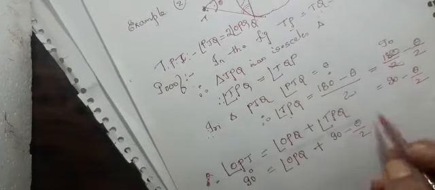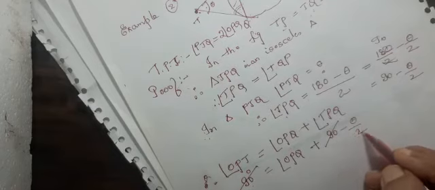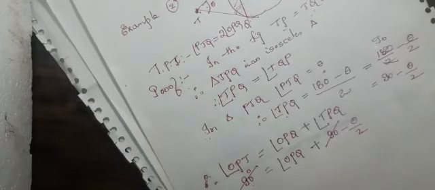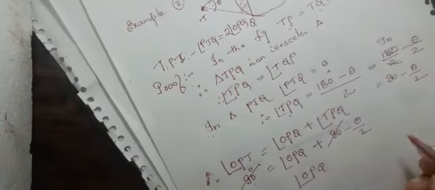What we got here, this. Now 90 is on both the sides, I can cancel it. Minus theta by 2, I'll bring it to this side, theta by 2, and OPQ will remain here. Therefore, what is theta? Theta is your angle PTQ. So I will write angle PTQ instead of theta.